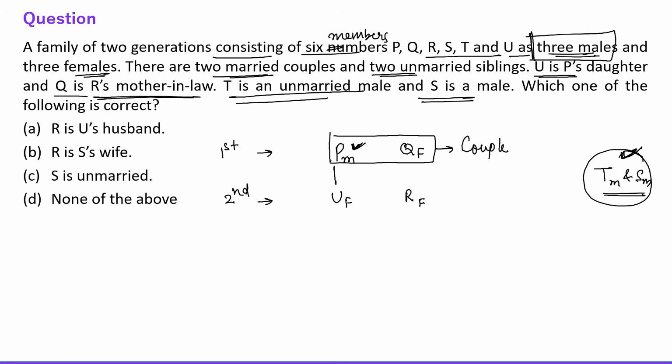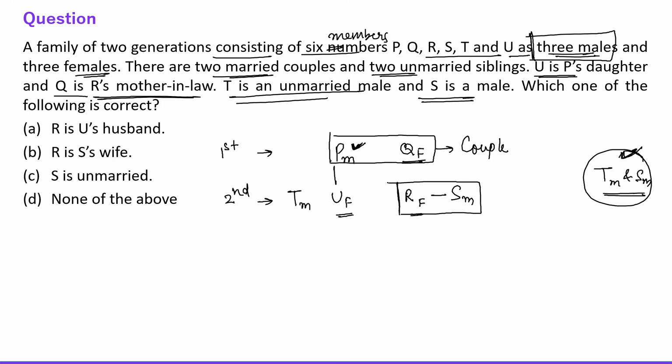Then obviously we have Q female, U female and R female, and T is an unmarried male.